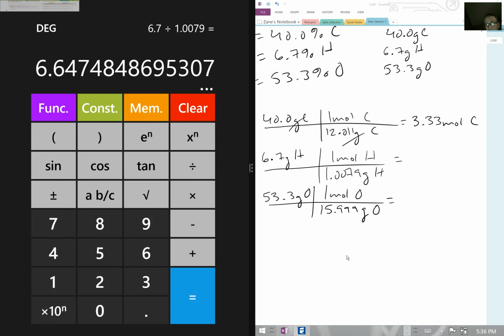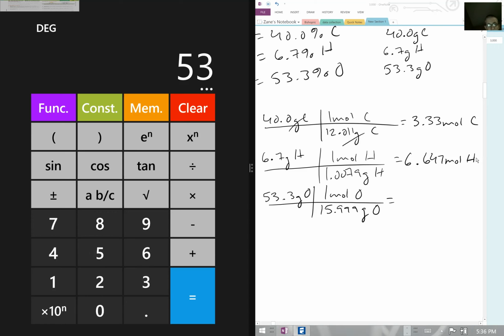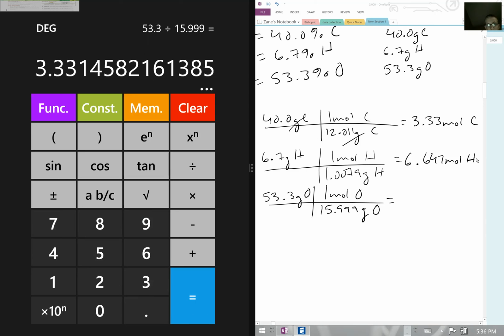When I do that, I realize I have 6.647 moles of hydrogen. And last, we have 53.3 grams of oxygen divided by 15.999 grams per mole of oxygen, which gives us 3.33 moles of oxygen.